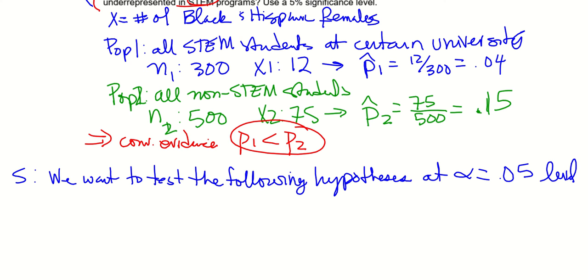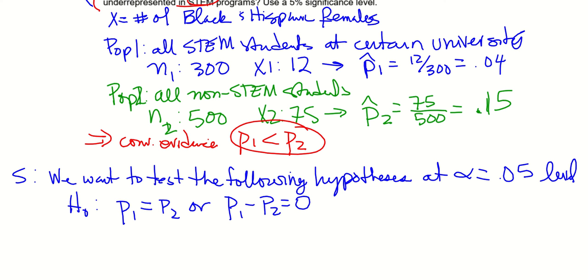What are our hypotheses? We're going to state these two different ways. So our null hypothesis is that the females are not underrepresented in STEM programs. And so that would be that P1 is equal to P2, or that P1 minus P2 equals 0.